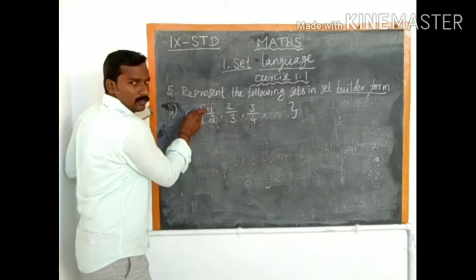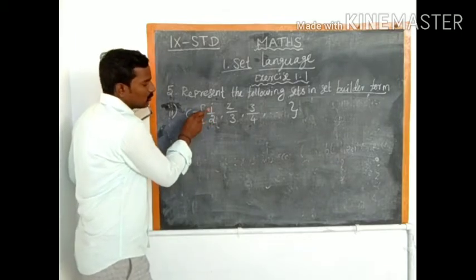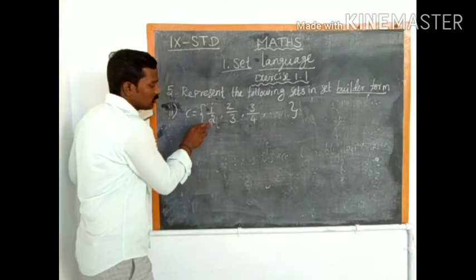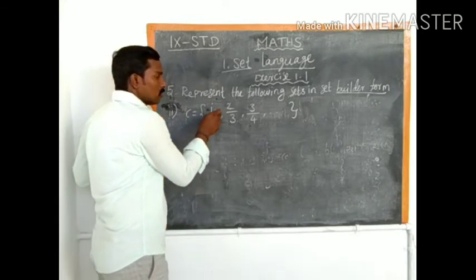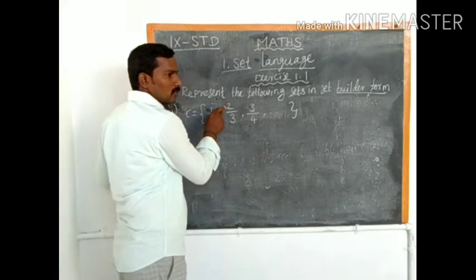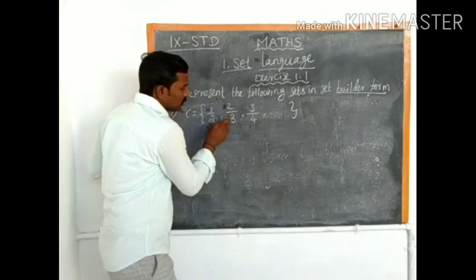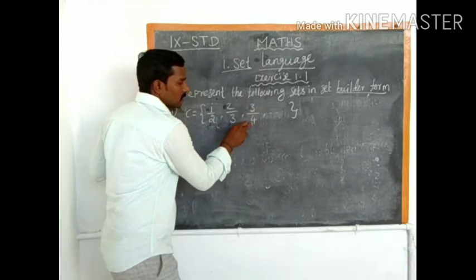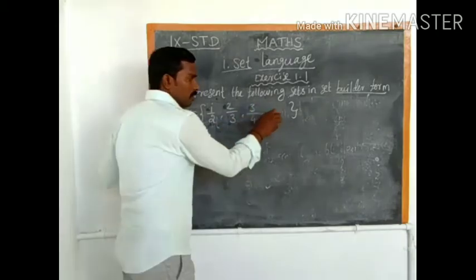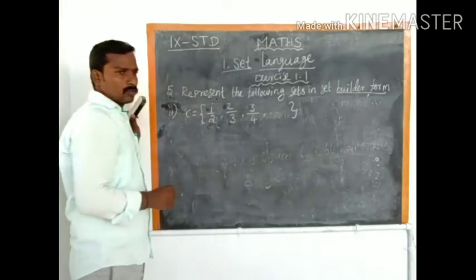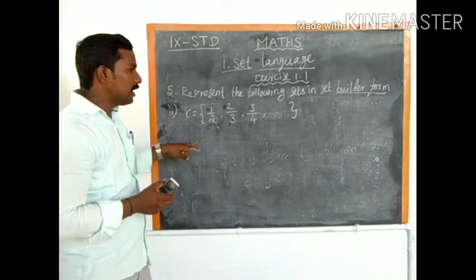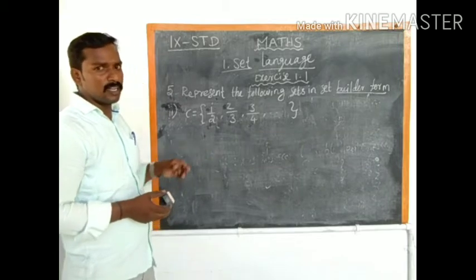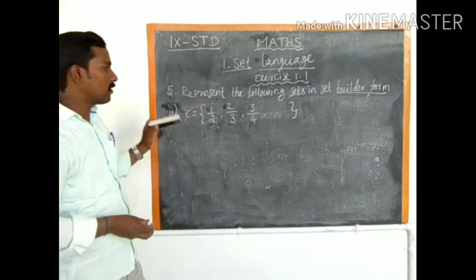This is 1, this is 2, so 1 plus 1 is 2. So the successor of 1 is the denominator. Going to the second number, this number is 2, the successor is 3. Then 3 and then the successor is 4. It goes like this for all the numbers. So for any number I choose as the numerator, the denominator is the successor of the numerator. Only numbers like that I am taking.